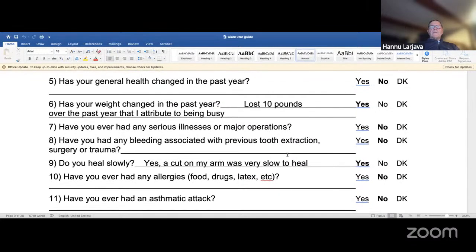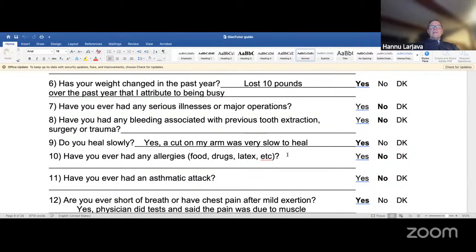He doesn't seem to indicate any major illnesses, but he does answer to the question of how you heal that he's healing slowly. So there's an indication that maybe something is going on, and that relates to our course objectives too.